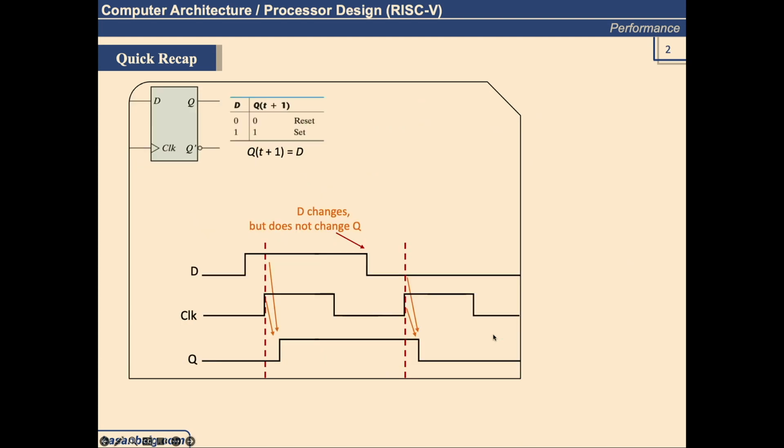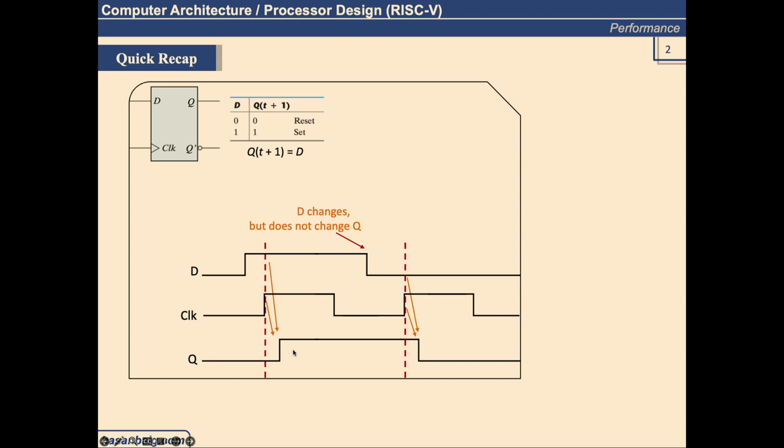We also talked about the D flip-flop, and we discussed that if the data is changed, the output is updated only on the edge of the clock, the positive edge of the clock. So if the data is changed here, it is not reflected directly at the output; rather it waits for the clock edge to come in, and then after a certain delay, which we call propagation delay, the input is updated at the output.